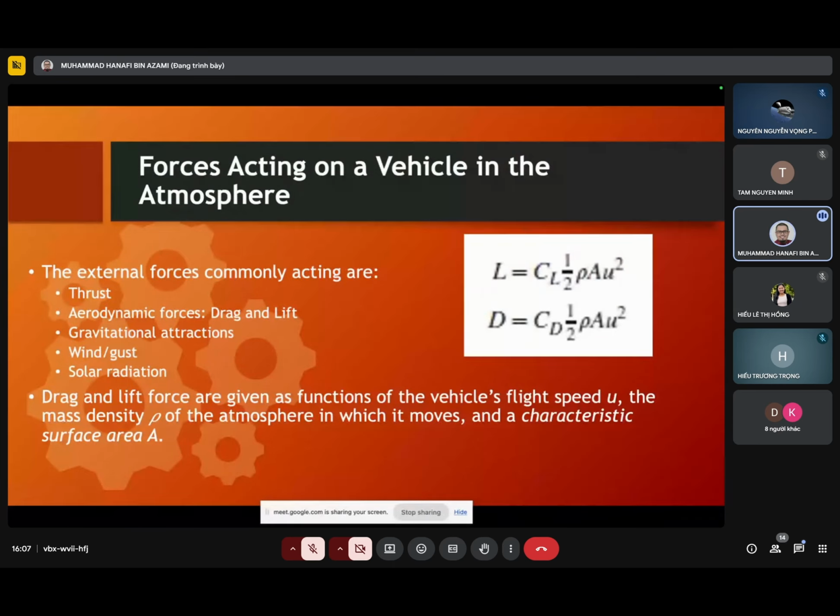Drag and lift force are given as a function of the vehicle's flight speed. The higher the speed of the vehicle, the more lift you can generate, and you also have drag as well: drag due to lift, drag due to skin friction, and so on. Then the mass density of the atmosphere it moves through, and the characteristic surface area.